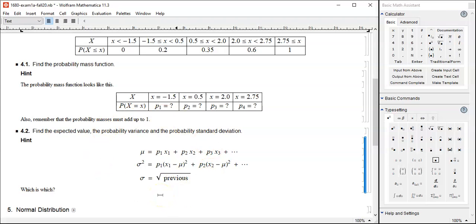Find the expected value, the variance, and the standard deviation. Expected value, just multiply the probability and the payoff. Probability and payoff, probability and payoff, multiply, multiply, multiply, and add them all up. Here only 4 multiplications and adding.